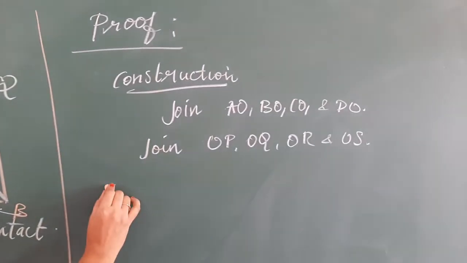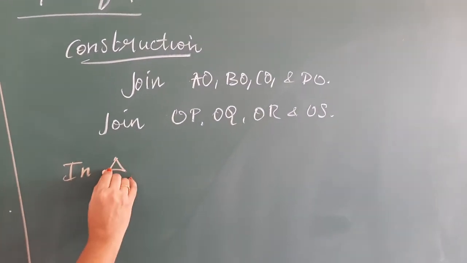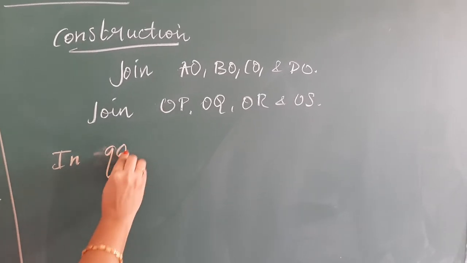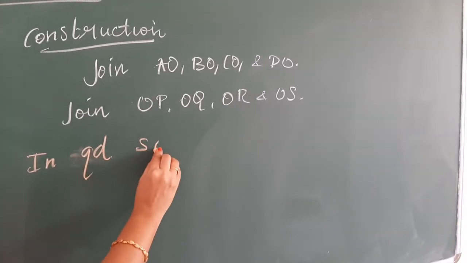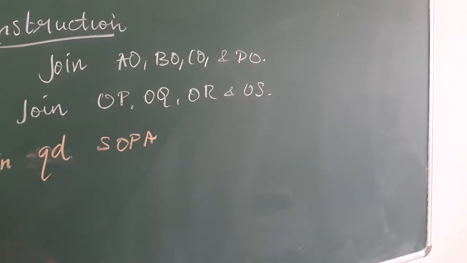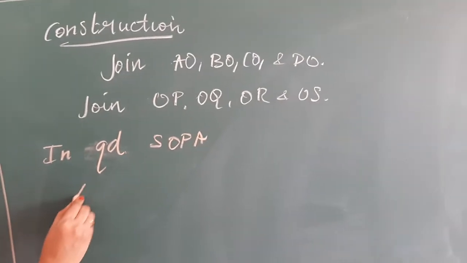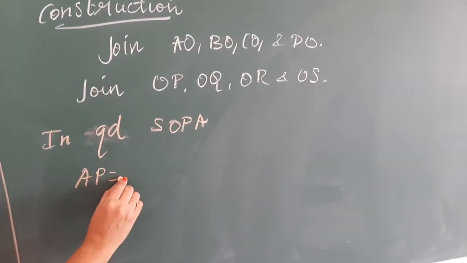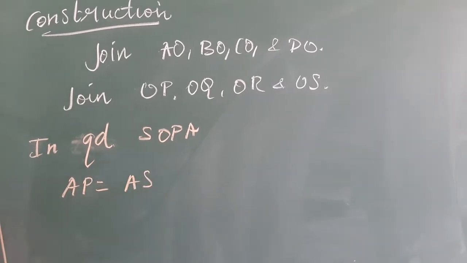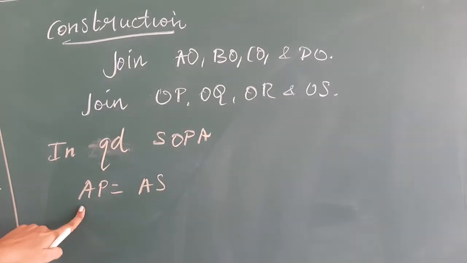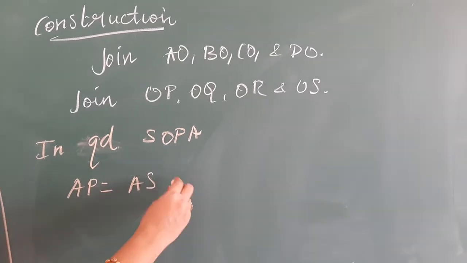So first I am considering a quadrilateral. What is that quadrilateral? Quadrilateral SOPA. In this quadrilateral, side AP is equal to AS. How are these two sides equal? From the external point, AP and AS are tangents.